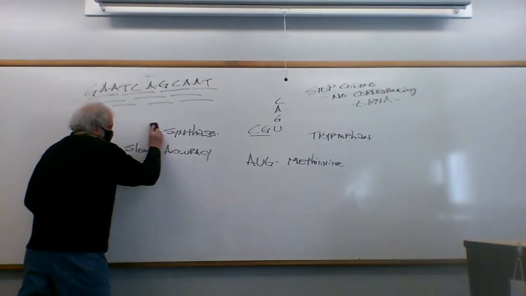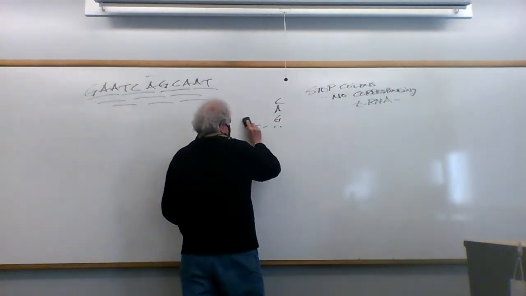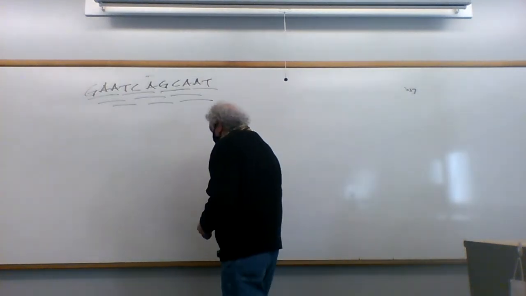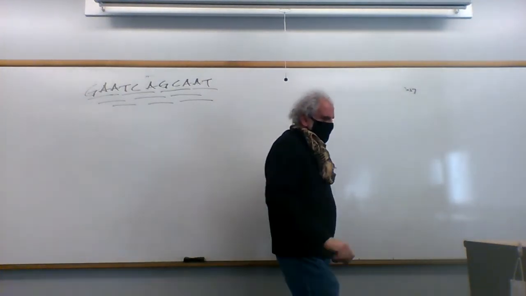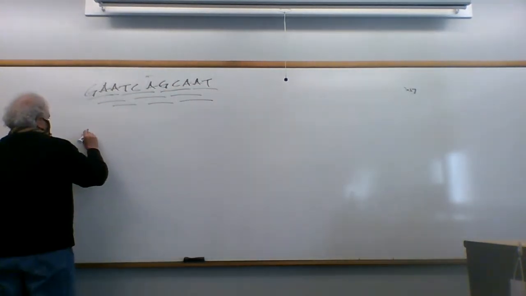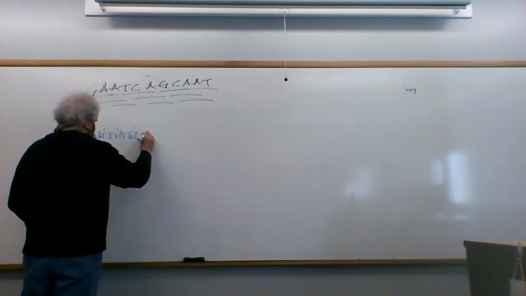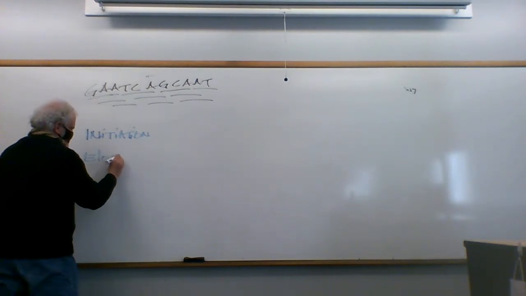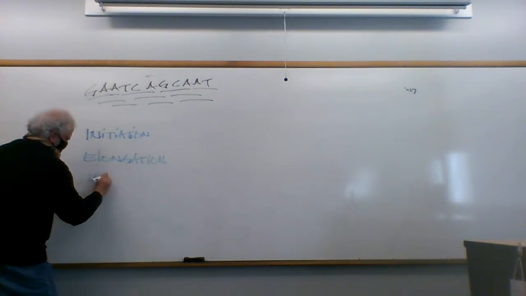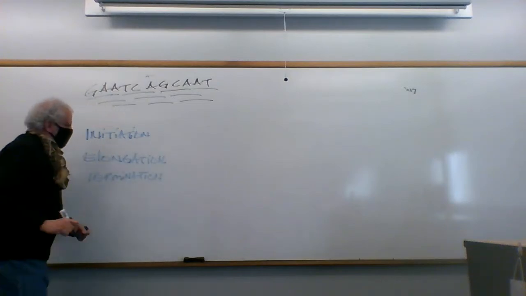So when we start thinking about the production of a protein from an RNA, we start thinking about translation. We've got these terms that you'll see being potentially familiar: initiation, elongation, and termination, all across the nation.